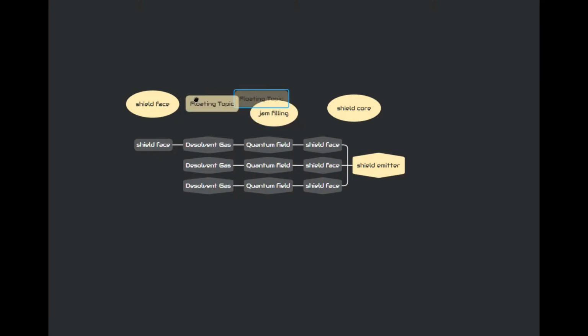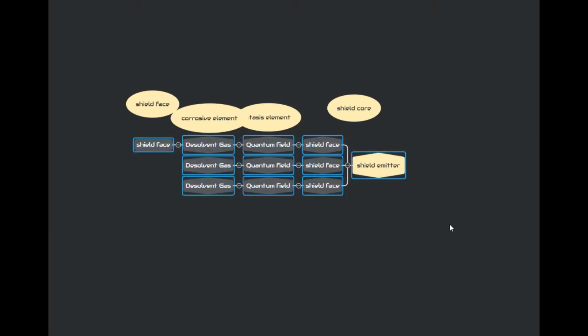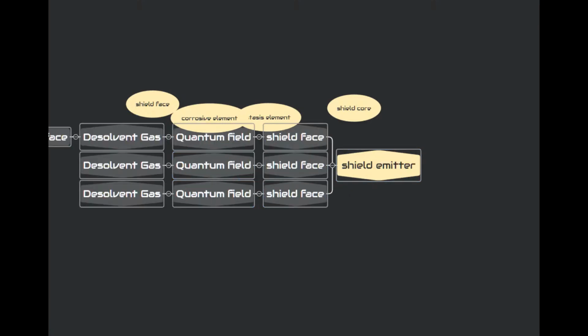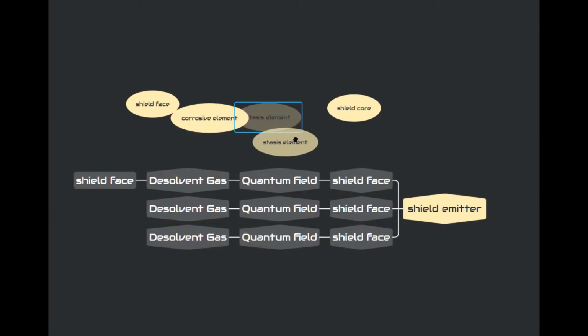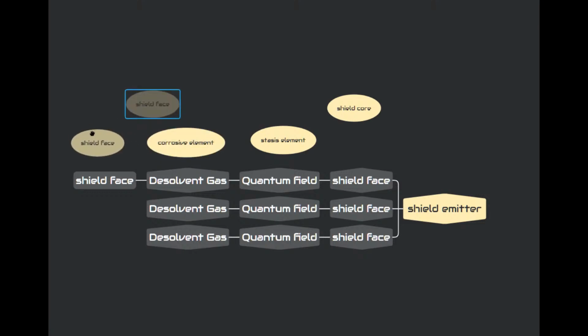Oh wait, no, that's the jam filling. Okay, so this is the stasis element and the corrosive element. Let's make this about 24, there you go. Just a bit bigger. Stasis element, corrosive element, shield face.